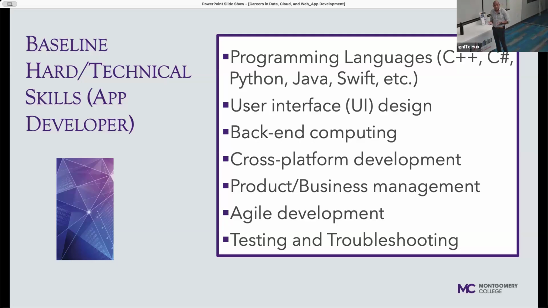So then again, if you are going to be a developer, you are going to need to have knowledge in product management and business management. How many people do you know that have come up with a great idea and have not been able to market it, again, because they don't have any business experience, right?